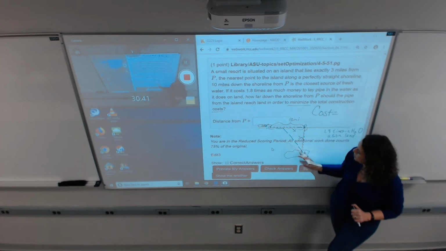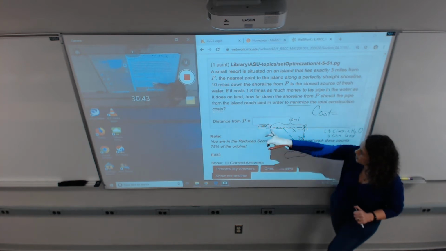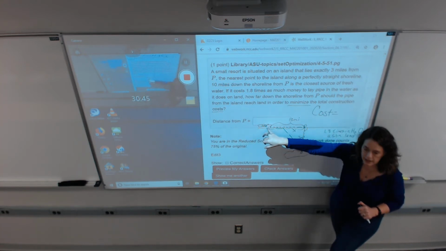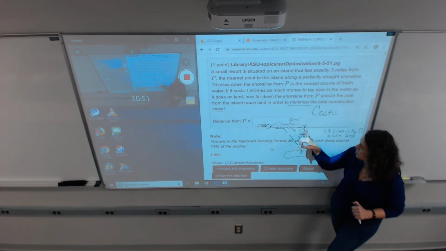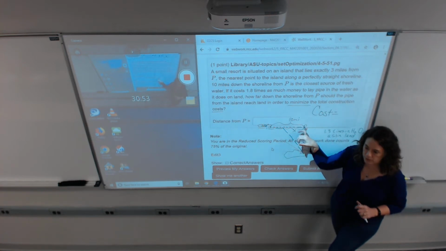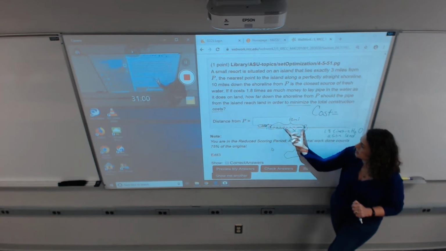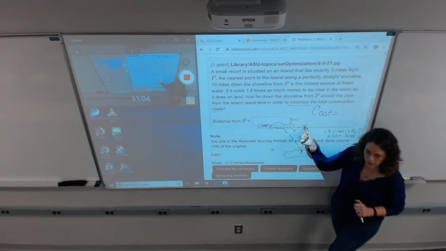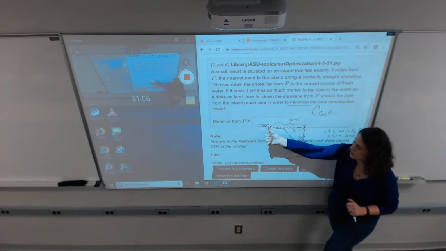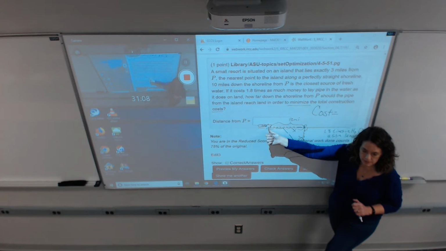Now, if I do the red line, then the point where it reaches the land is going to be 10 miles, right? Because that's the first time it hits land. If I do the purple, it goes straight to point P, so X would be 0. Does that make sense? If I do something in between, then the green, then the X is somewhere between 0, going straight to point P, and 10 miles, going straight to the lake.